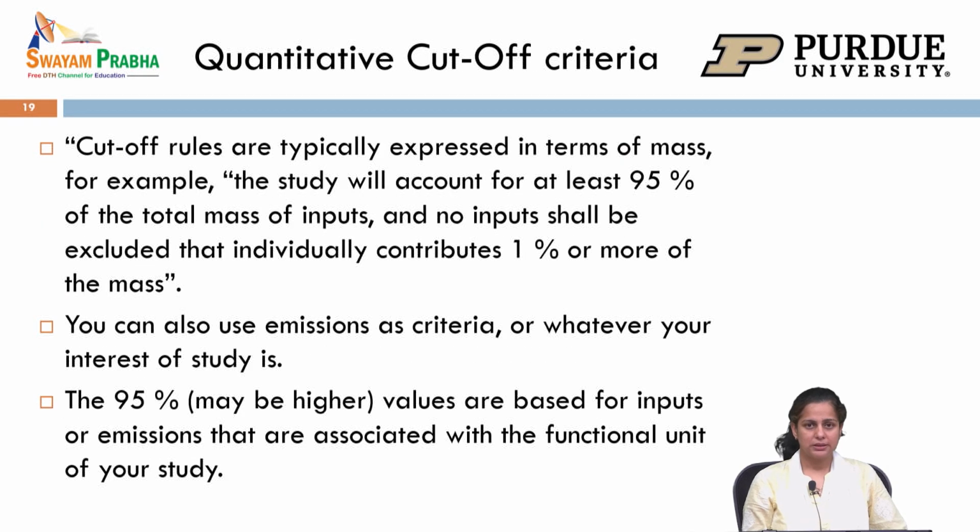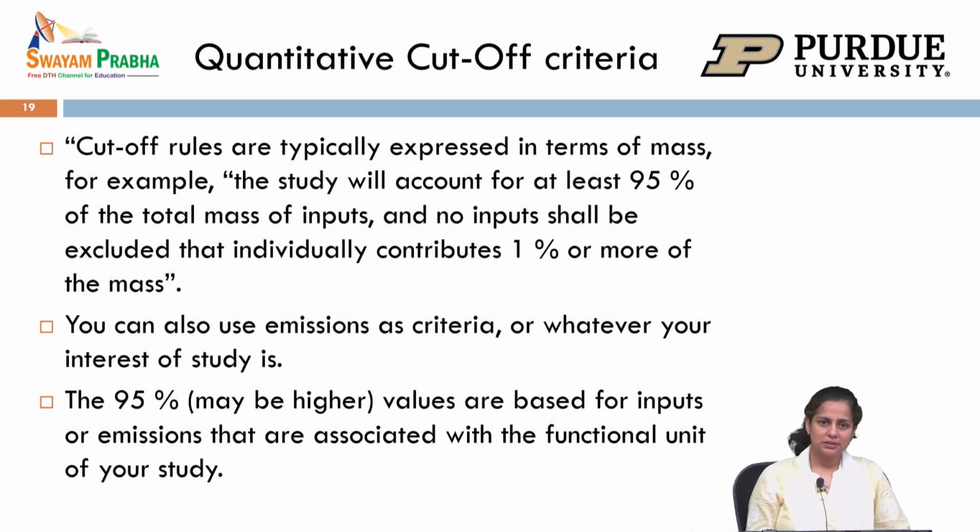So, what is the quantitative way of doing this? The quantitative way of doing this is that we set a cutoff rule that are typically expressed in terms of mass. For example, we can say that the LCA study will use or include at least 95% of the total mass of inputs and no inputs shall be excluded that individually contributes 1% or more of the mass.